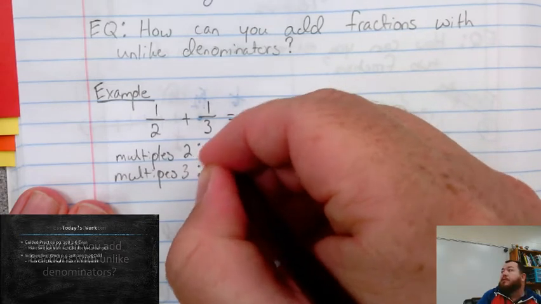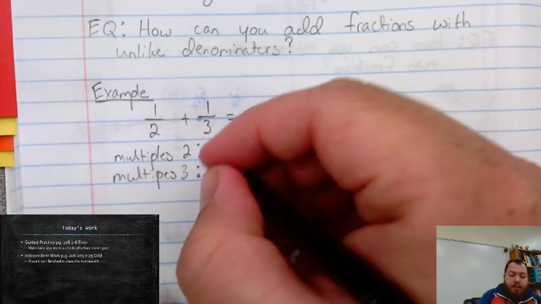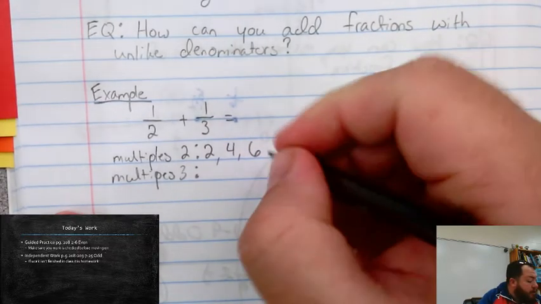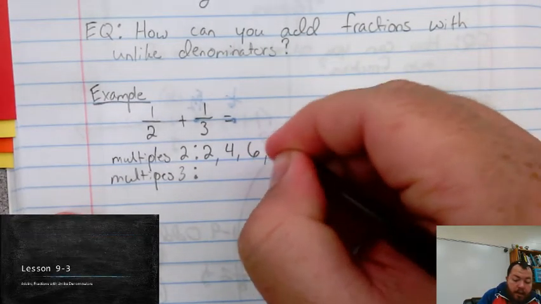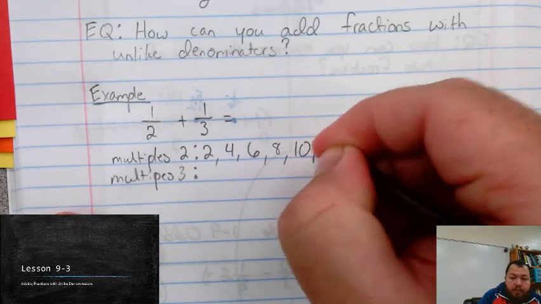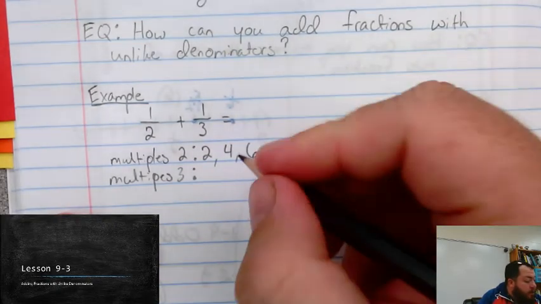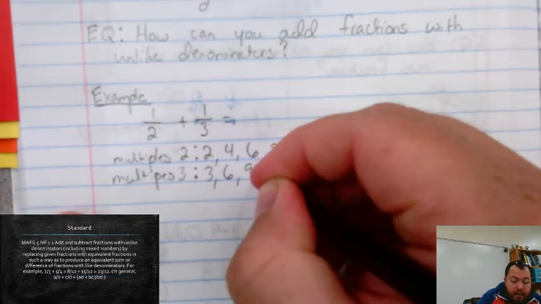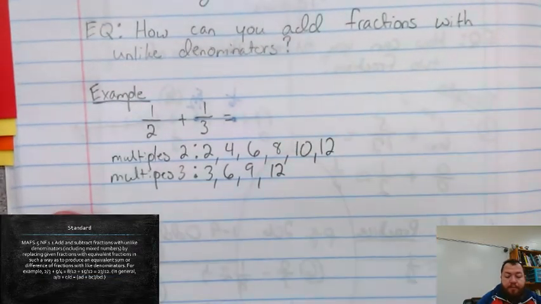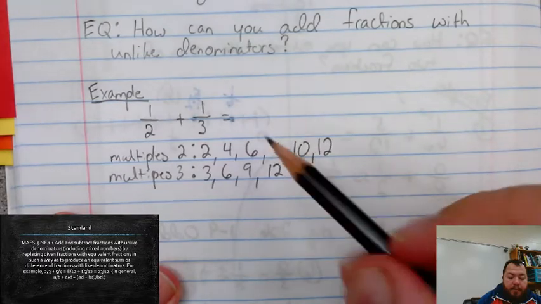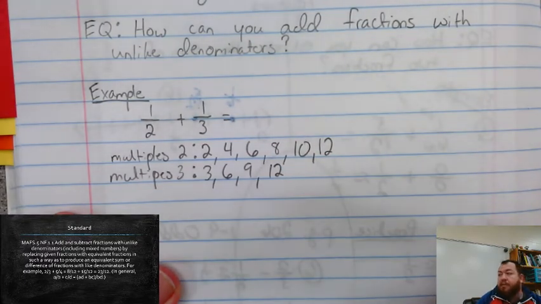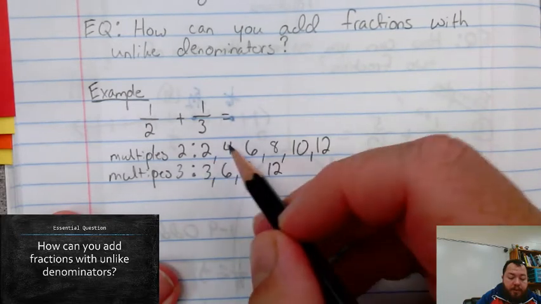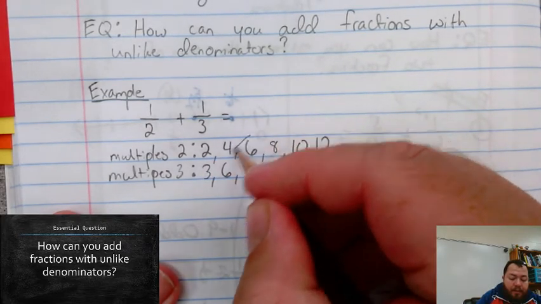So we're going to start at 2: 2, 4, 6, 8, 10, 12. Let's stop there. And then we're going to have 3, 6, 9, 12. So now that we've listed the multiples, we need to just find the least common one. 2, no. 4, no. 6.